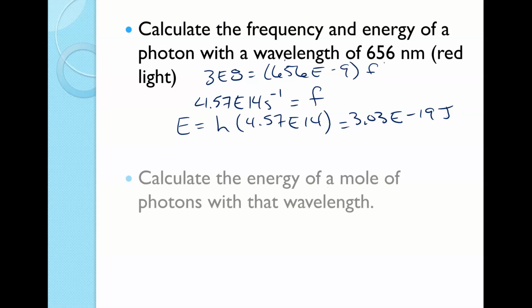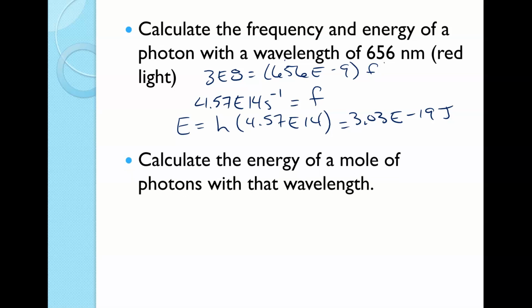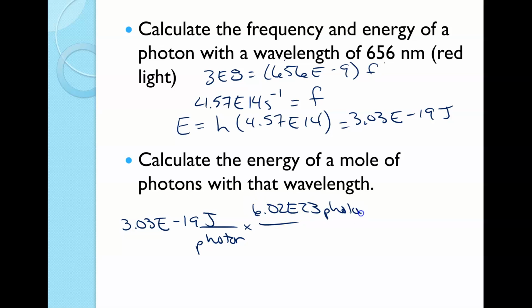The next question is about the closest we're going to get to anything with moles in this chapter: calculate the energy of a mole of photons. Well, that's just one photon. So if I wrote it this way, and I multiplied by Avogadro's number over 1 mole, that'll tell me how many joules per mole I'm going to get.